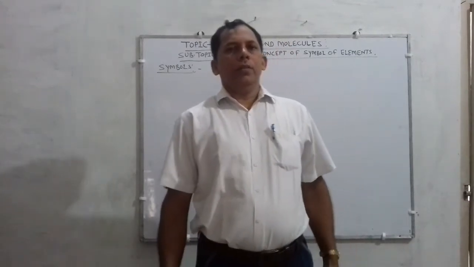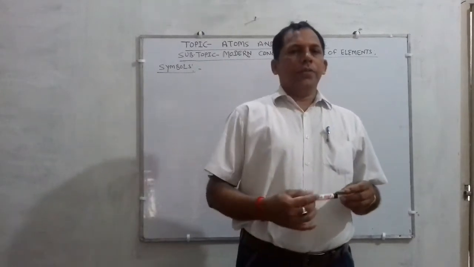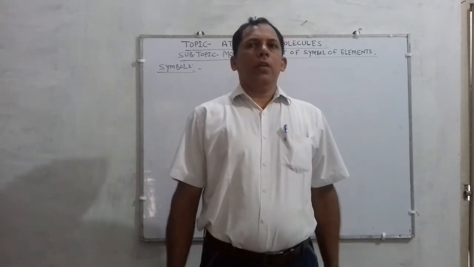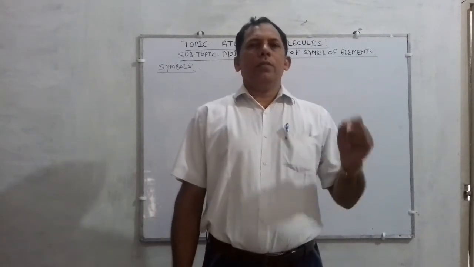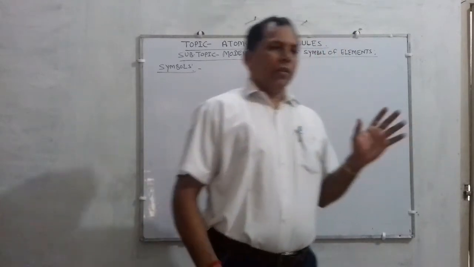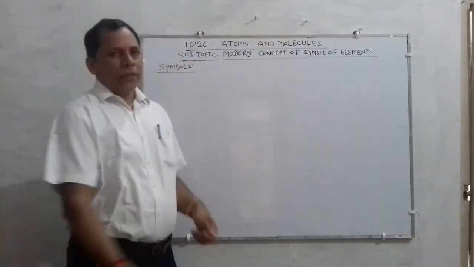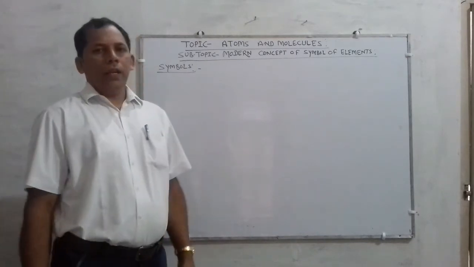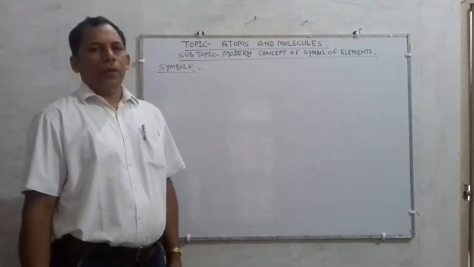Children, in my previous lecture, you studied how atomic symbols of the elements are written on the basis of Berzelius' concept. According to Berzelius' concept, specific symbols were used to designate a particular element.